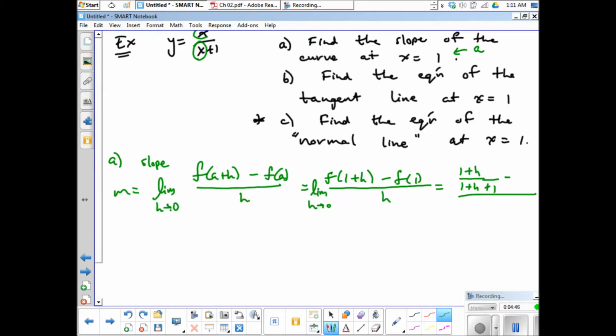Okay, and then we have f of a, which is just f of 1. So that's 1 over 2. And then there's an h there. Put the limit in. Okay, so we have basically the limit as h goes to 0 of 1 plus h over 2 plus h minus 1/2 all over h.